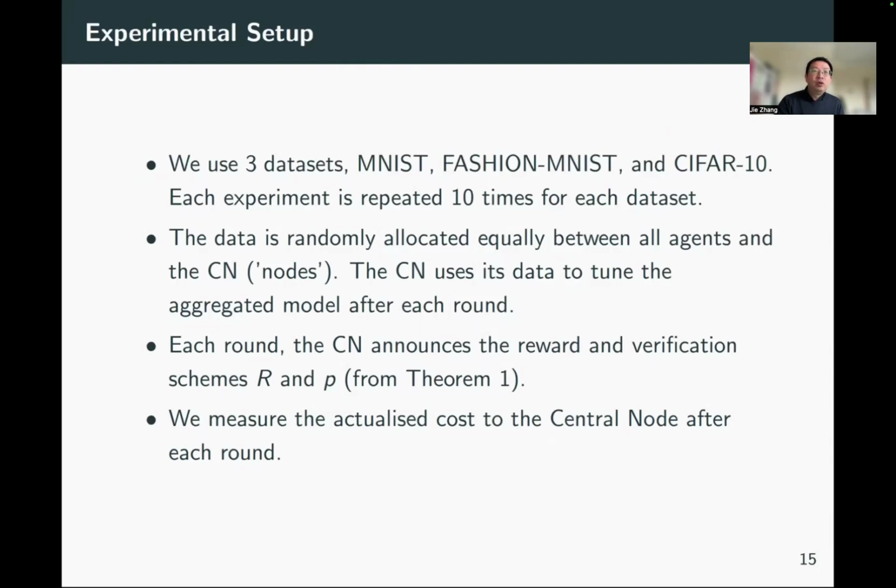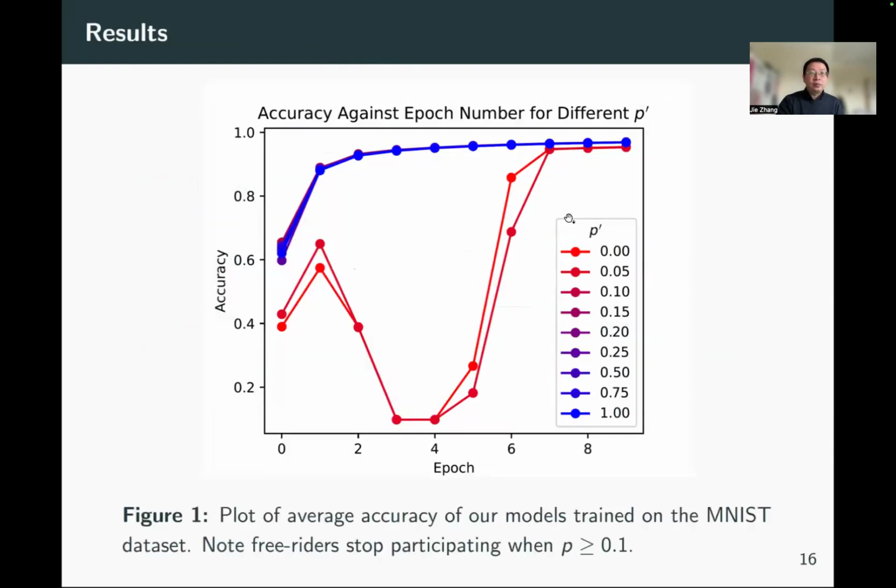The agent will try to estimate the expected reward they are going to get by participating, and this will be different whether they are an honest agent or a free rider. We then measure the actual cost of the central node after every round, so that we can measure our return and our cost.